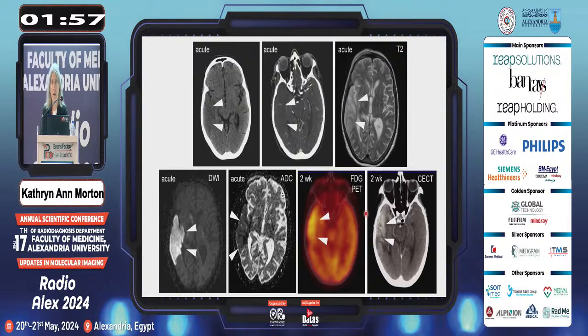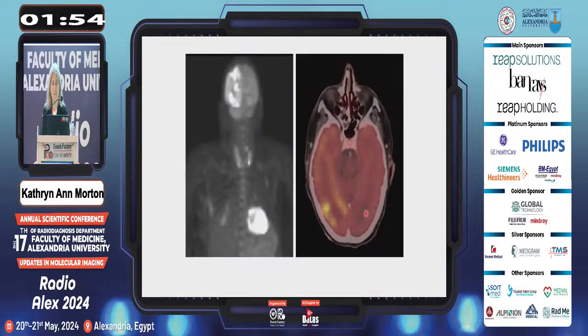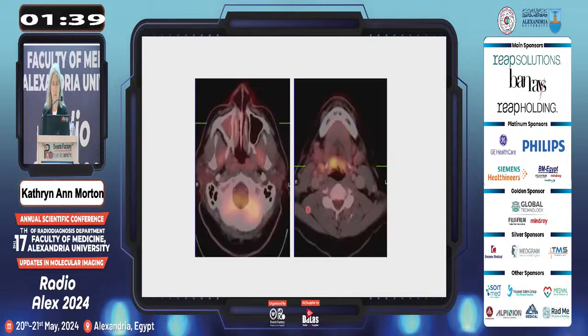So there are a lot of things that can mimic infection. This is a patient who was actively seizing but sedated at the time of the FDG PET scan, and you can see this diffuse increased activity during the ictal phase of seizure.